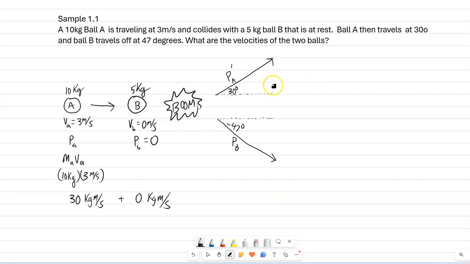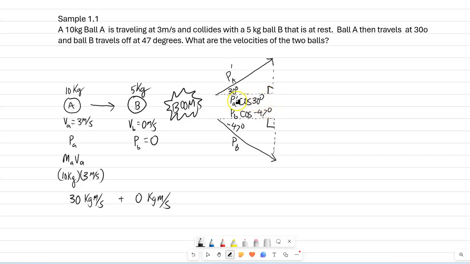And we know that the two momentums before the collision are acting in the x direction. So let's see what happens here. We can say that the momentum A prime cosine of 30 degrees, and we'll do the same thing for momentum B, cosine at negative 47 degrees.